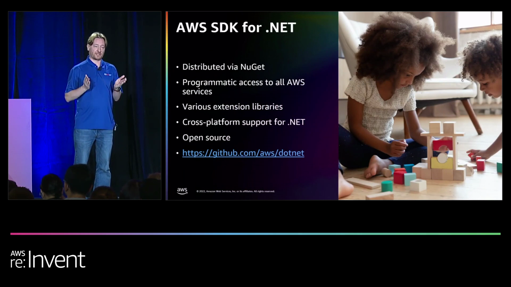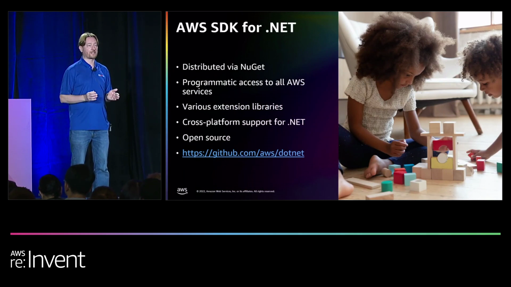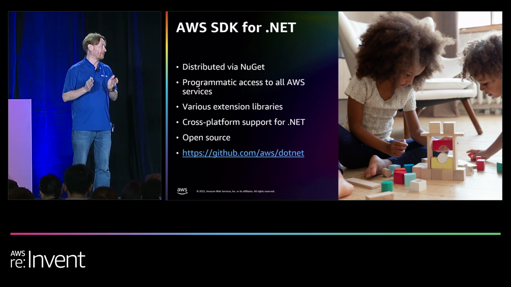And when we talk about SDK for .NET, as you would expect, it's distributed using NuGet packages. It gives you programmatic access to all AWS services, including AI services, which we're going to talk about today in demo. And also, SDK, it abstracts away how you interact with AWS services.